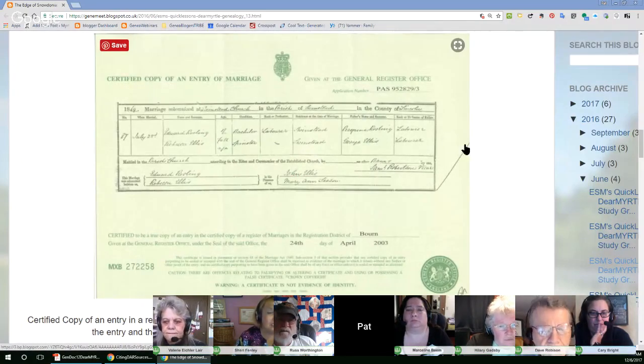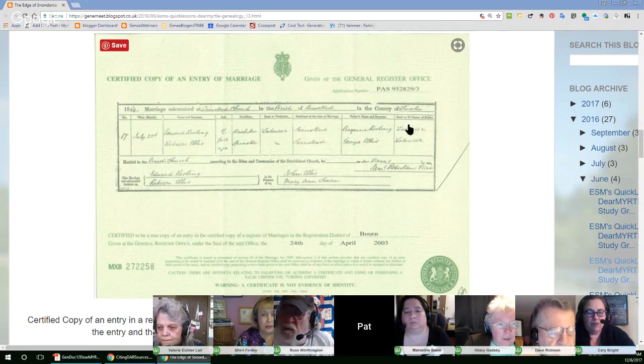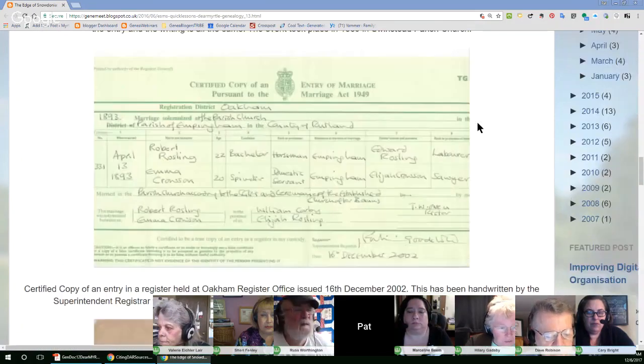Talk to me about this. I brought this to attention because I've got different copies of certificates there. They've all got slightly different ways of reproducing the information. That one looks like it's possibly a photocopy made of the original. Some of the ones later on in there were handwritten.